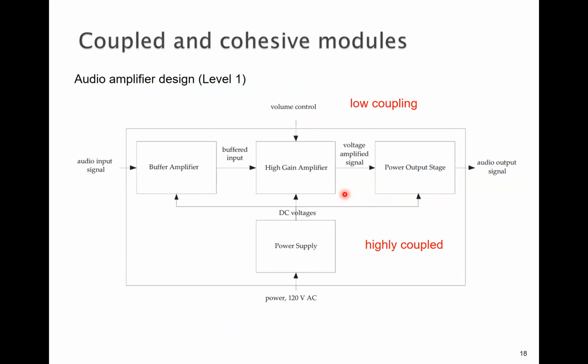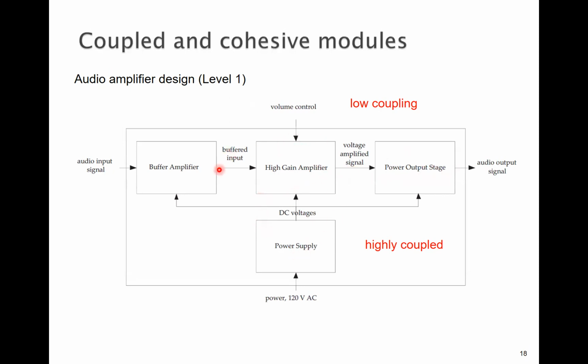which do one or a few things very well. Here we see an example. That's an audio amplifier design. So this is the design architecture for an audio amplifier, level 1 design. As you can see here, we have 4 modules. We have audio input from the microphone, we have a buffer amplifier followed by a high gain amplifier and then a power output stage.